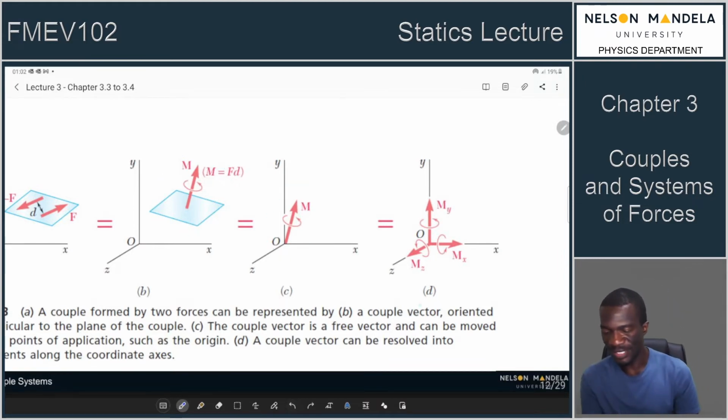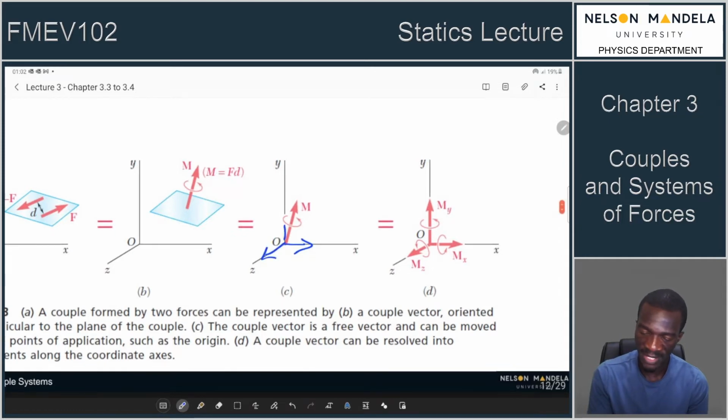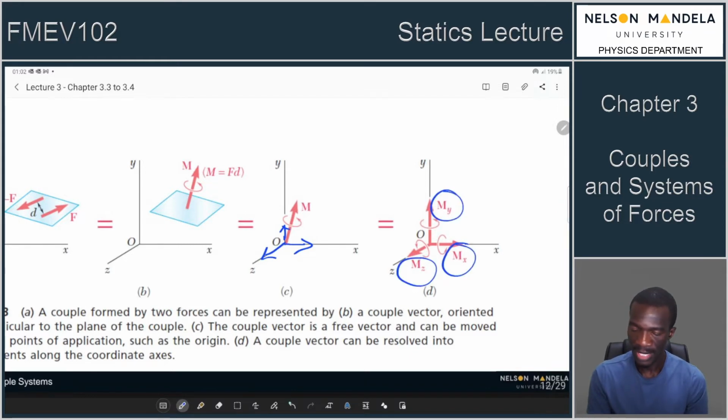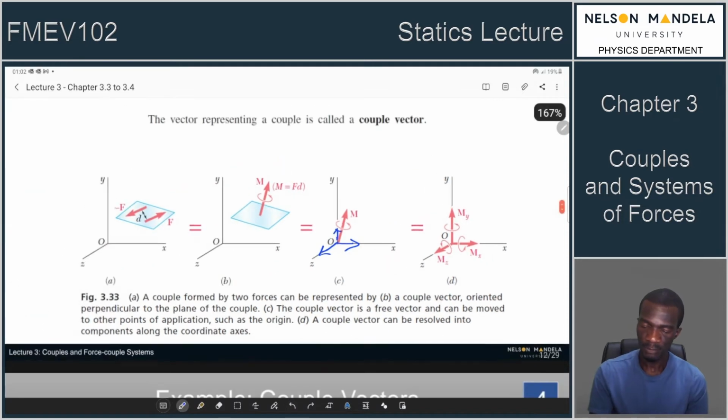In the end, you've got diagram D here, which shows the components of that couple, because this is in 3 dimensions. We've got some X component, some Z component, and some Y component, hence the components of the couple vector.